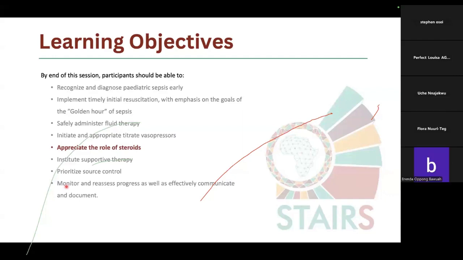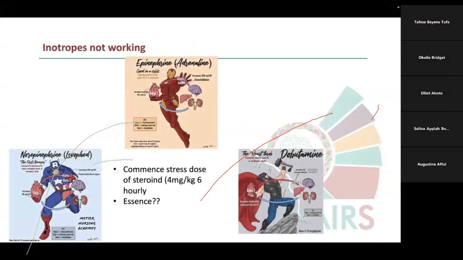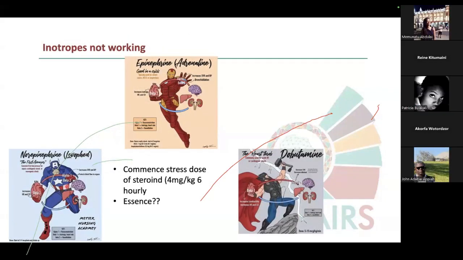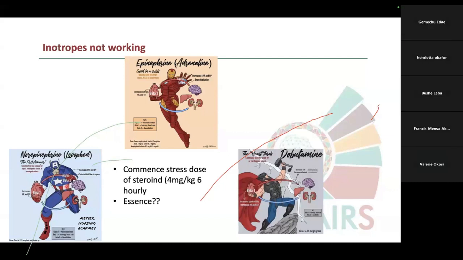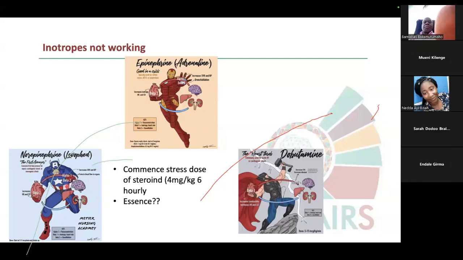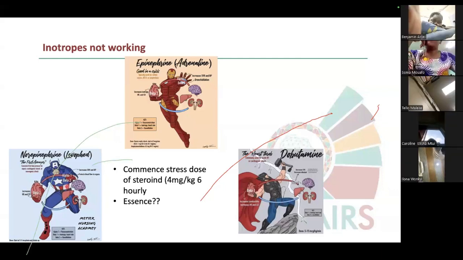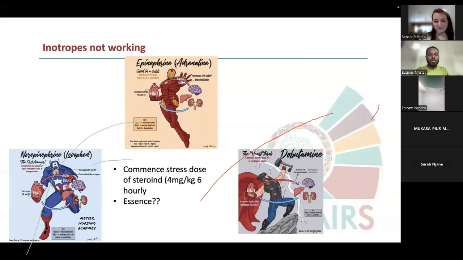Now, what happens when all your superheroes are not working? You have your epinephrine, you have norepinephrine, you have dobutamine. Your patient is on adequate doses of your vasopressors or your inotrope, but it's still not working. At that point, you have to think of the possibility of your patient having down regulation of adrenal receptors, or blunting of the response of the receptors to the catecholamines that you're giving.